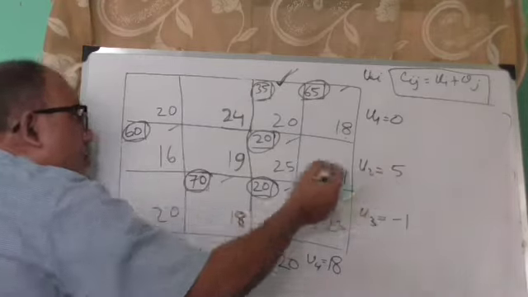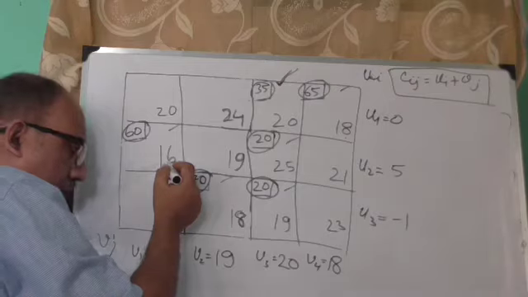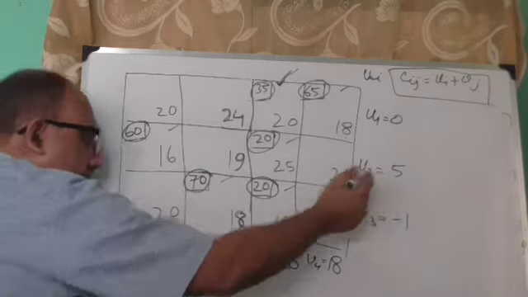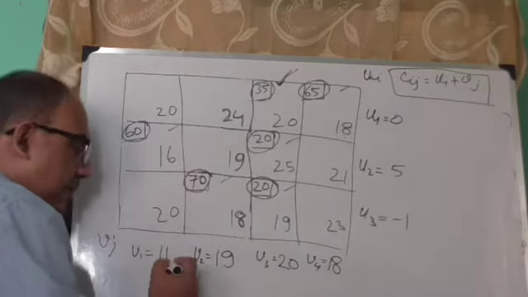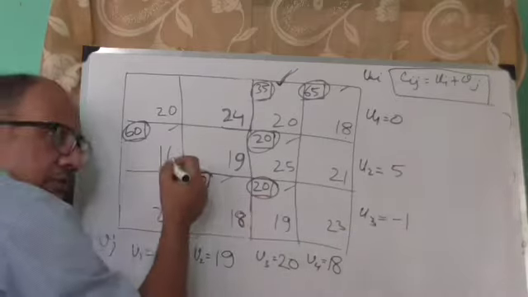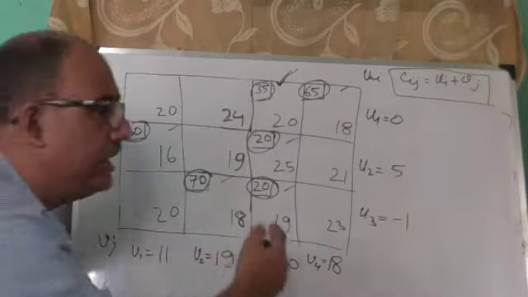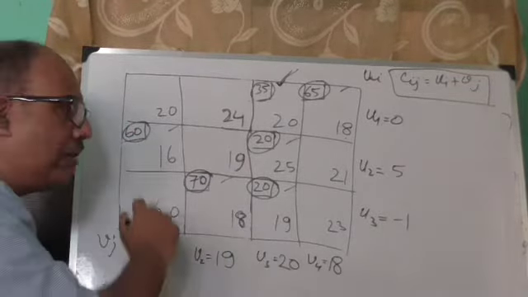Using this U2 and C21 gives you V1. So if this is 16, this is 5, this gives you V1 as 11, because 11 plus 5 is equal to 16. So for this method, you just try to repeat, but only one calculation is sufficient.